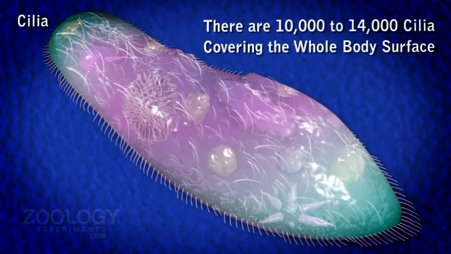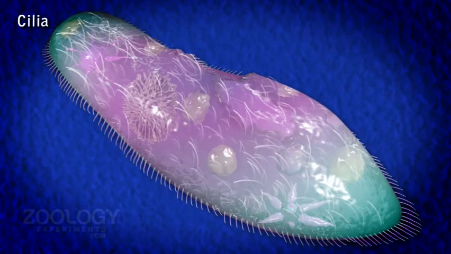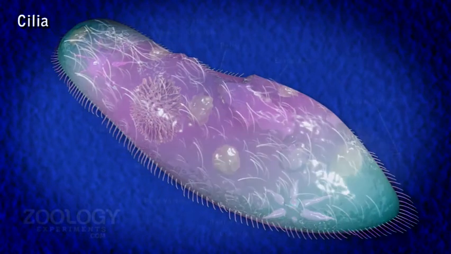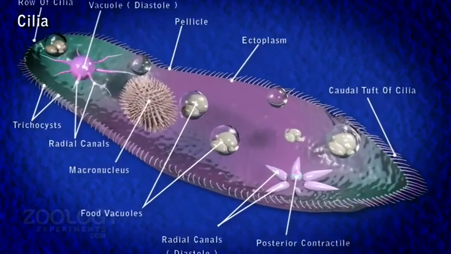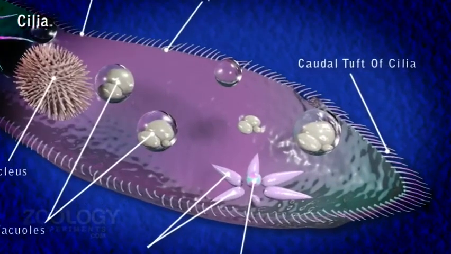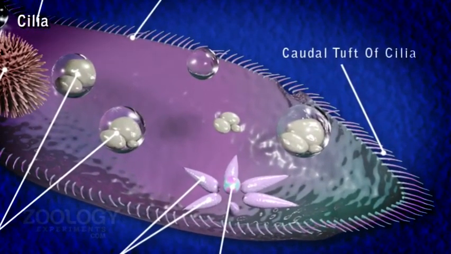These motile organelles are arranged in regular longitudinal rows. Their length is uniform throughout except for a few longer cilia at the extreme posterior end of the body, forming a caudal tuft, hence the species name caudatum.